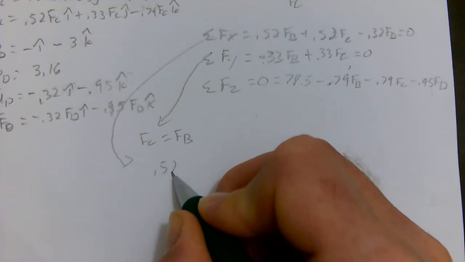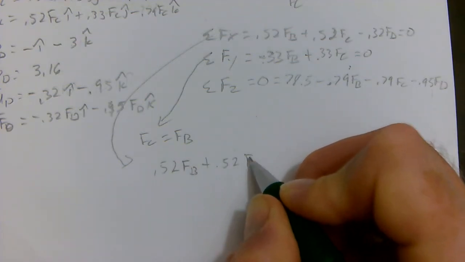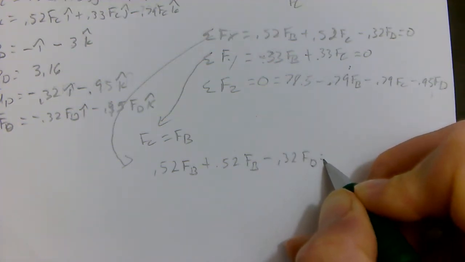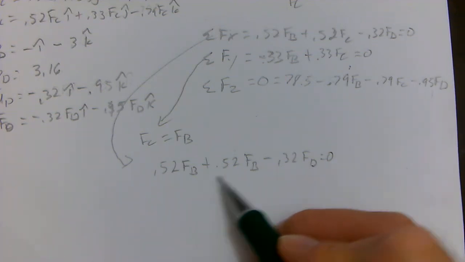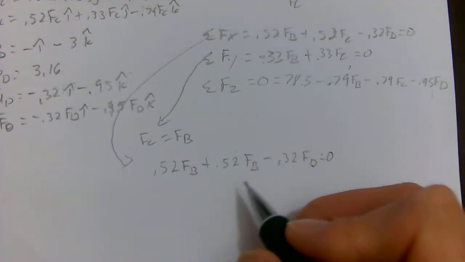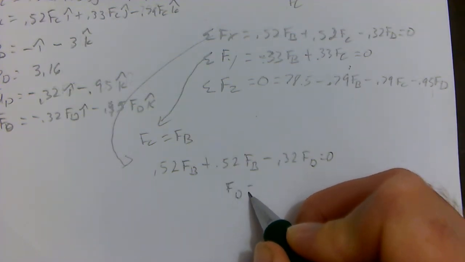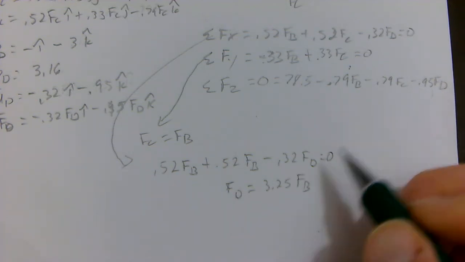So 0.52 FB plus 0.52 FB minus 0.32 FD equals 0. So combining this, we get FD is equal to 3.25 FB.